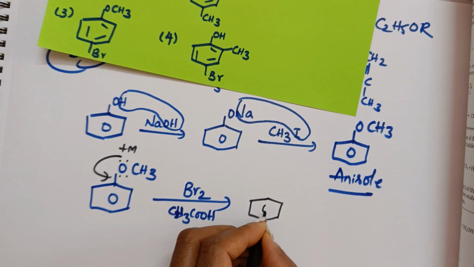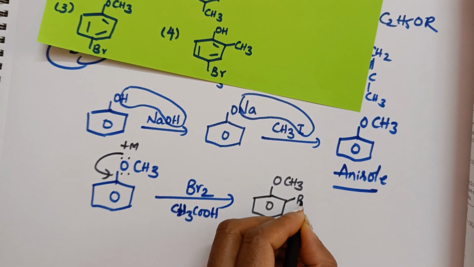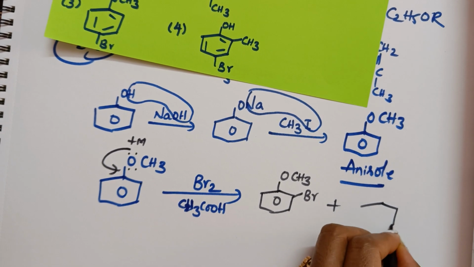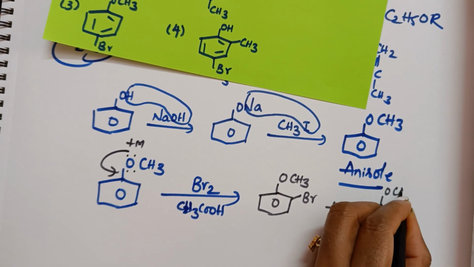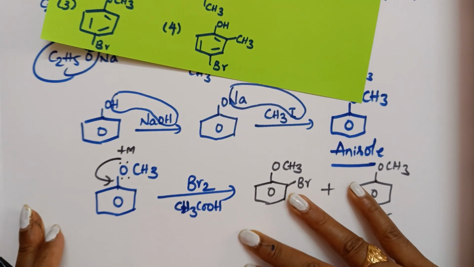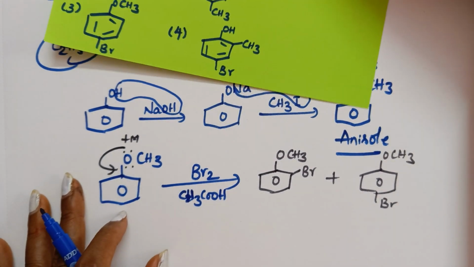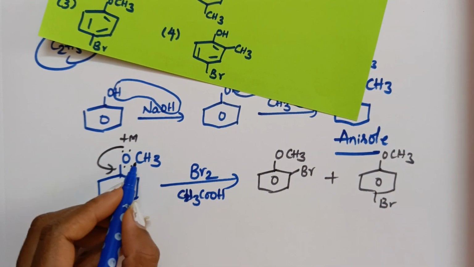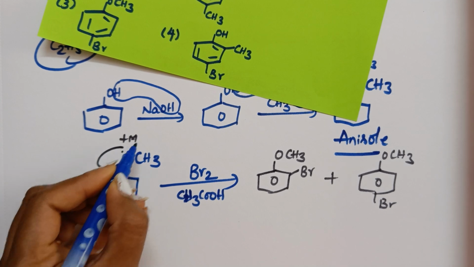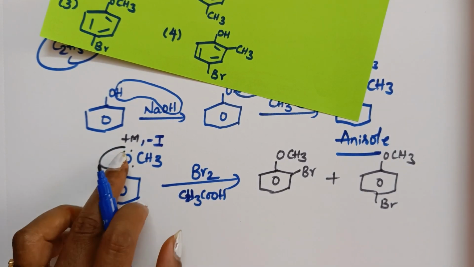But out of these two products, one is para and one is ortho. Of these two, which is major, which is minor? In coaching, you will study completely about this, like how to write these products. Here, in short, I am telling you, but it is not given in NCERT. This is a plus M group and this is minus I. Why plus M? Lone pair is there.